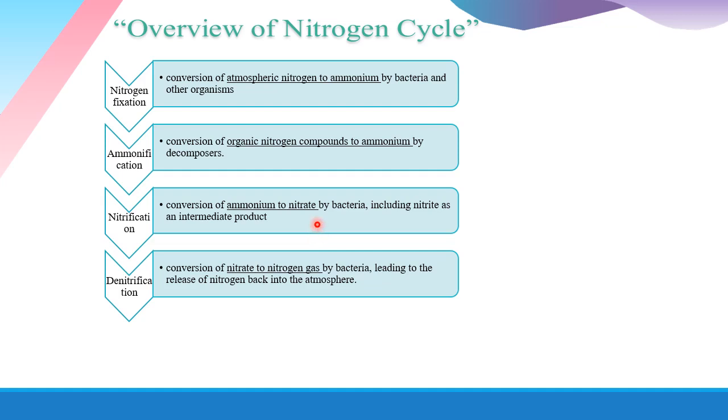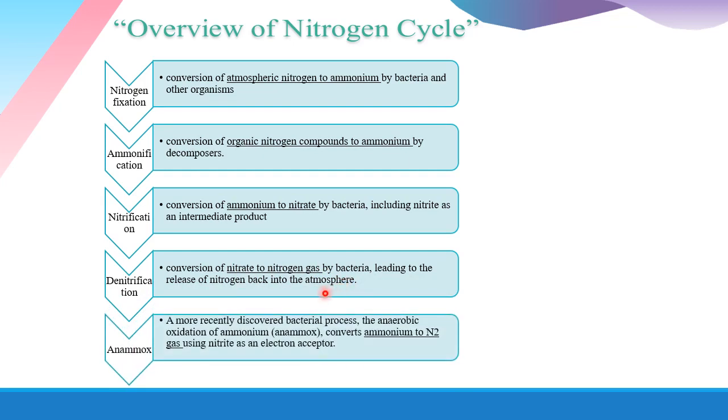We have seen so far that nitrogen is assimilated in the form of ammonium and nitrate. Now, this is half of the cycle. How are this ammonium and nitrate cycled back to atmospheric nitrogen? There are two players. The first one is denitrification, where nitrate is converted to nitrogen gas, leading to the release of nitrogen back to the atmosphere.